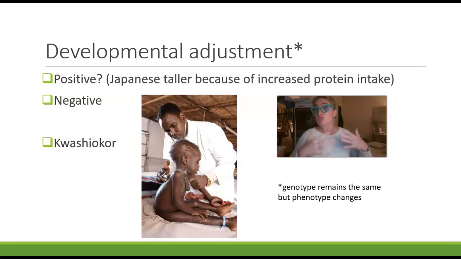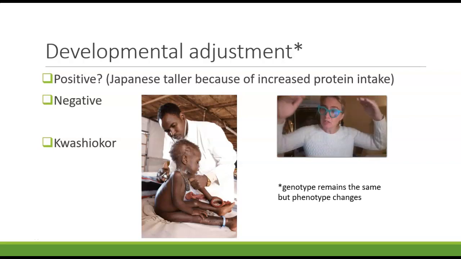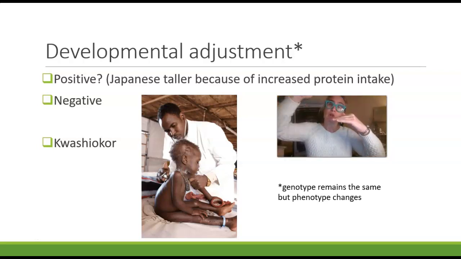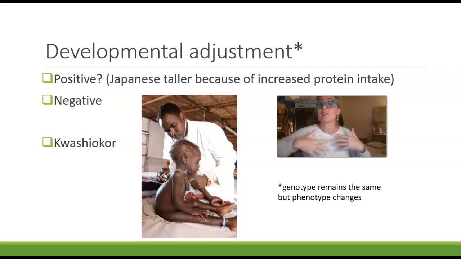So as children who were born in World War II grew up, they tended to be fairly short. That next generation that was born post-war, after Reconstruction in Europe, the children tended to be quite a bit taller than their parents, because now they were able to access much better nutrition. That is a type of a developmental adjustment. Your nutrition changes in your lifetime, it's going to affect how you develop.